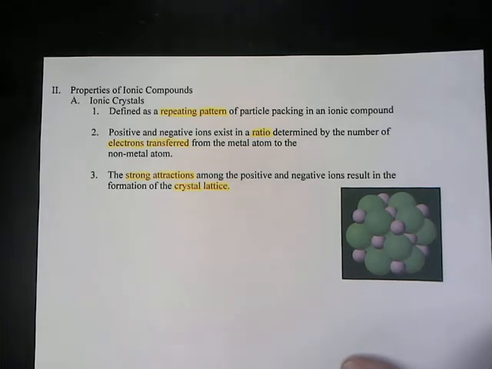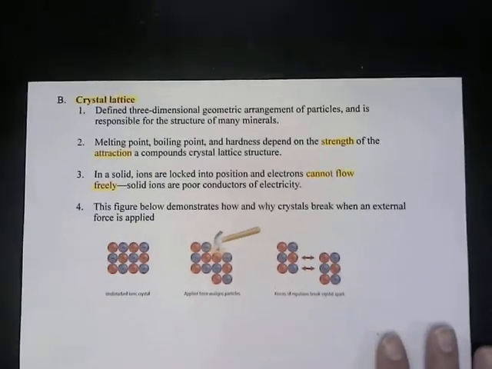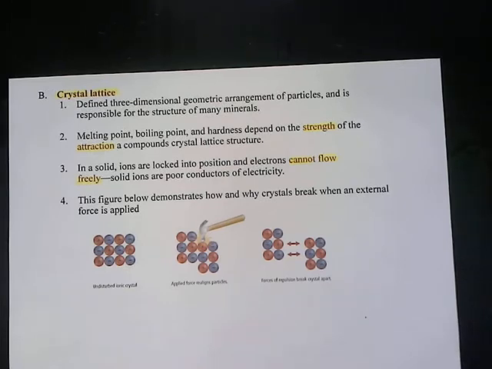When we talk about solids for our ionic compounds, they form this crystal lattice. Basically it says we're going to get this repeating pattern over and over again. The more electrons that are exchanged, the stronger something is, because we have bigger positive and negative charges.